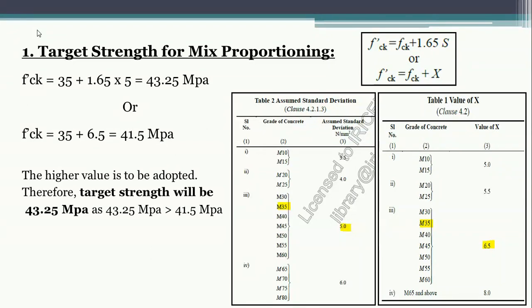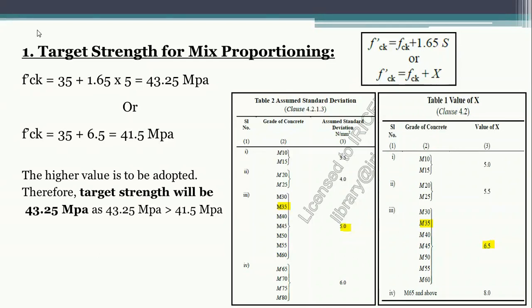For the second formula, 35 plus x, for M35 the value of x is 6.5, highlighted in both tables. If you calculate, you will get 43.25 for the first and 41.5 for the second. As you all know, the higher value should be adopted. So the target strength to be adopted is 43.25 because it is greater than 41.5.